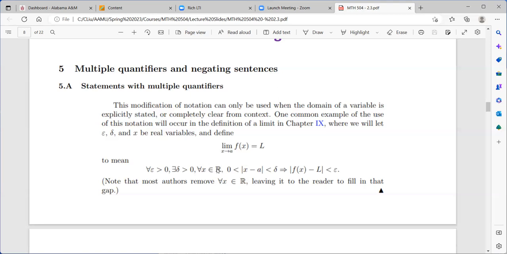You really don't need to write this arbitrary x in R, as we know that we're talking about real numbers. So you just write the other part.